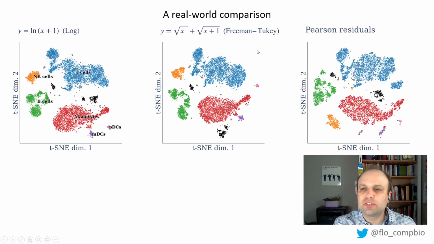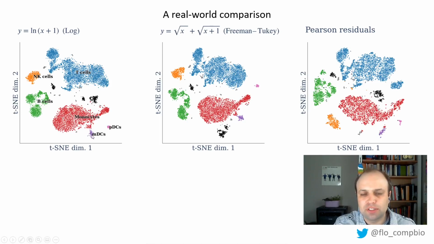But with the Pearson transform, it's kind of interesting because a lot of these clusters still look fairly similar. The B cells now look quite a bit different, actually, in terms of how they distribute. Maybe a little bit like in the log transform, I don't know. The myeloid dendritic cell cluster is now very clearly separated.